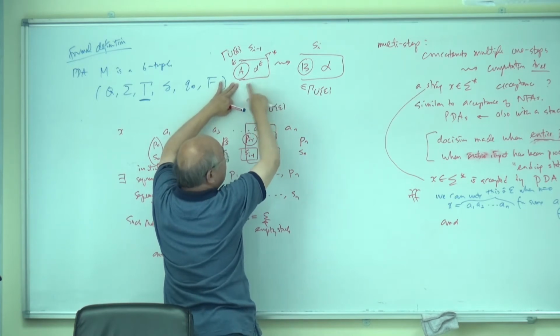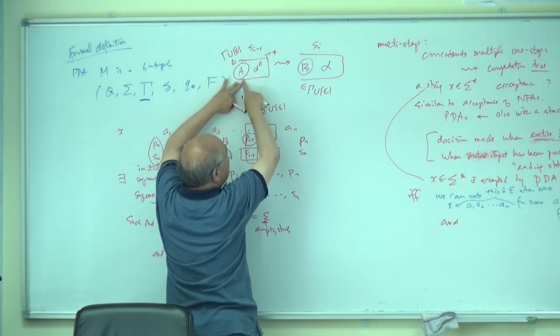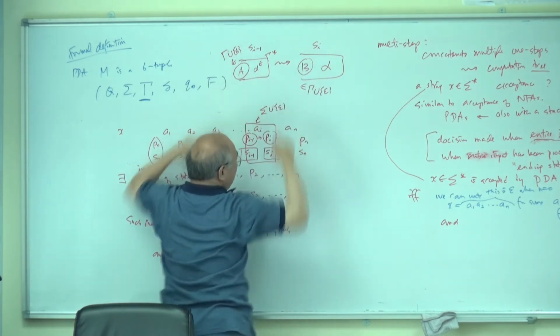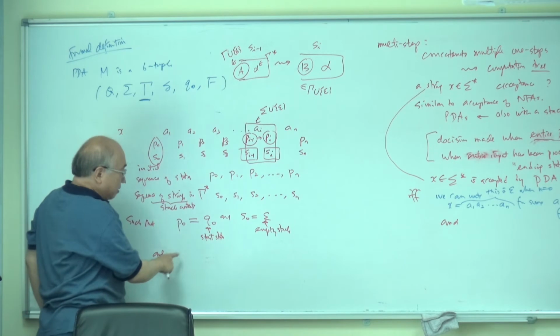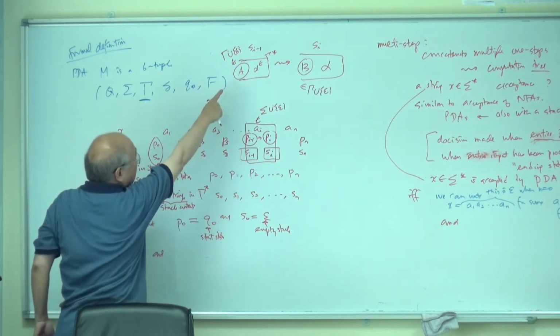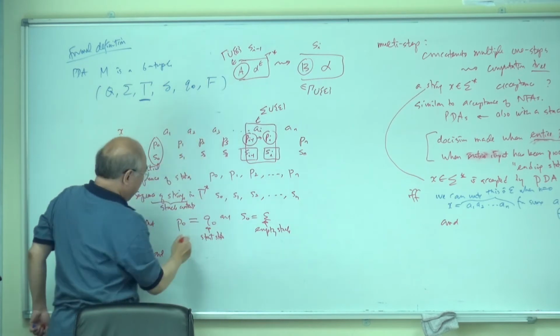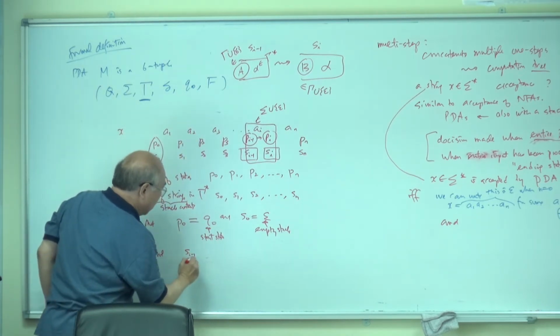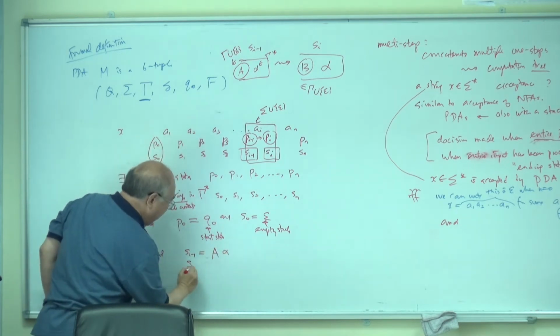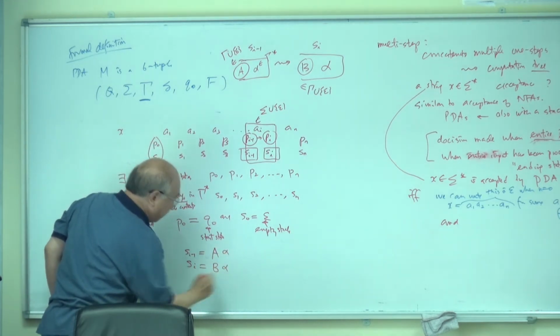So the only way is the delta function changes this from A to B, updates the state and advances the read head. So we must be seeing a picture like this: Si minus 1 is written as A alpha, and Si is going to be B alpha.